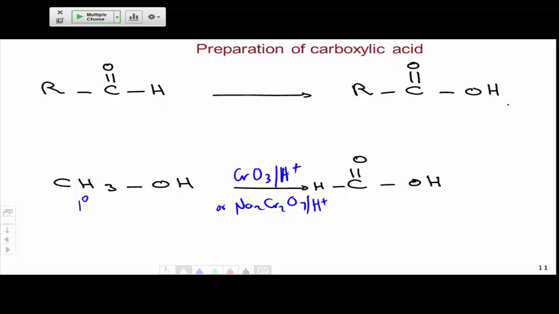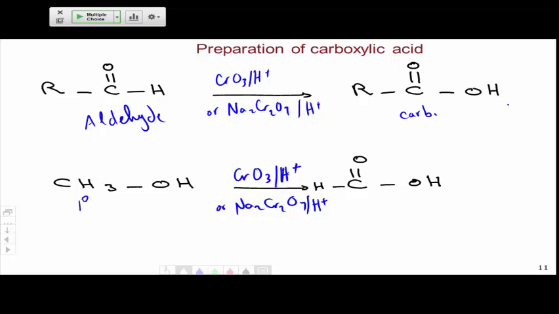This is one method to prepare carboxylic acid. I can use the same, chromium trioxide H+ or sodium dichromate H+, to go from an aldehyde to a carboxylic acid.